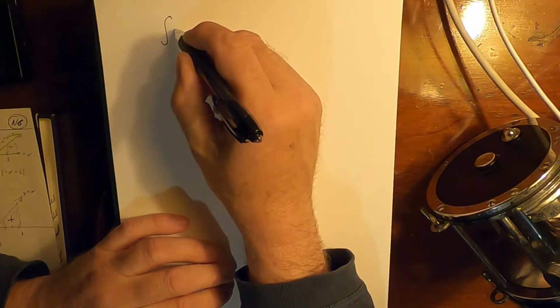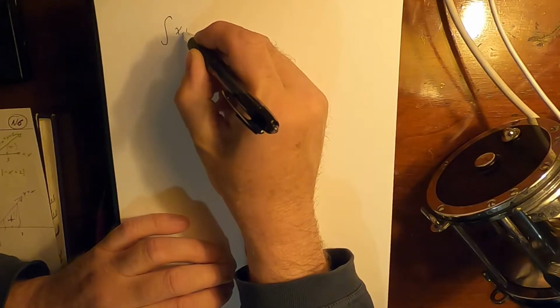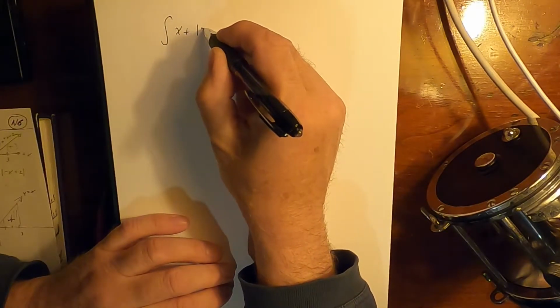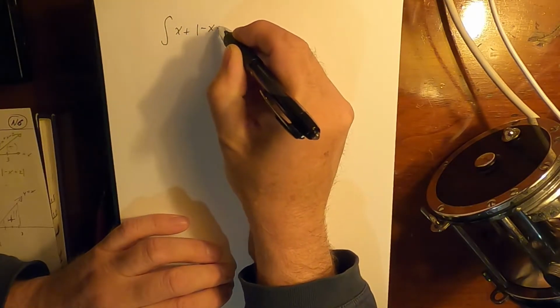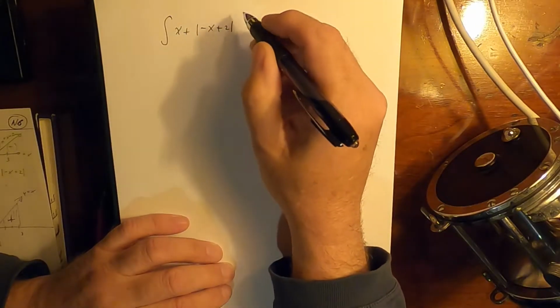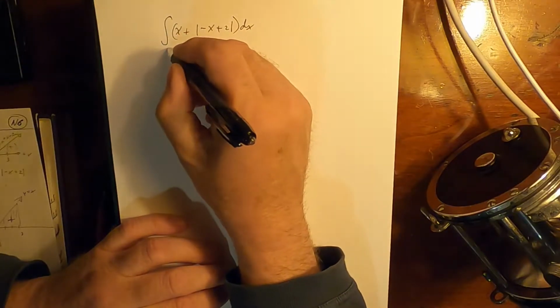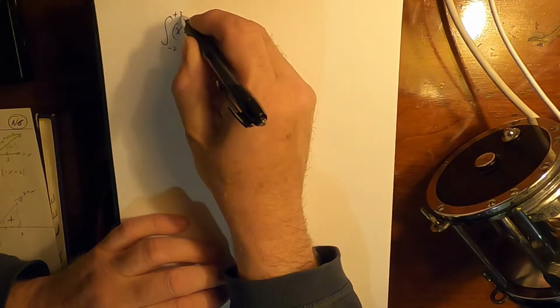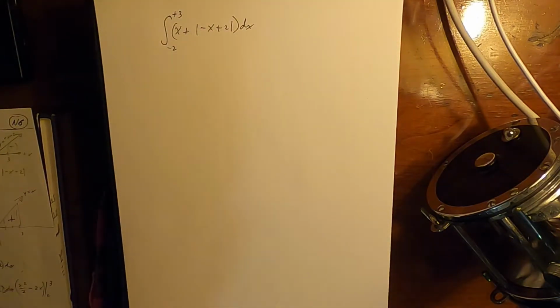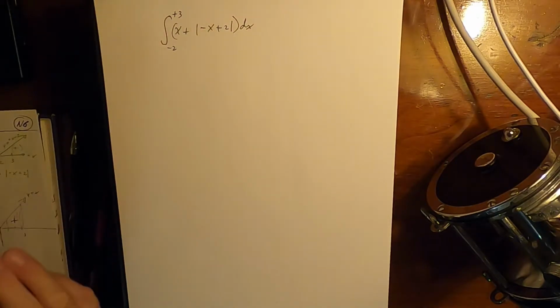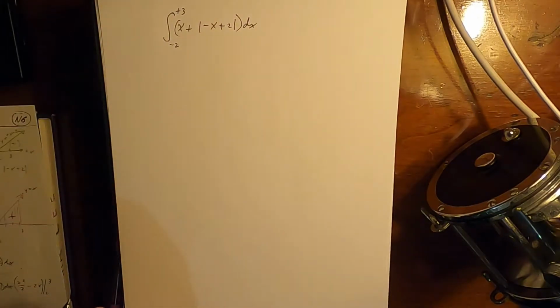So here's the integral of x plus the absolute value of minus x plus 2, dx, between negative 2 and positive 3. Shout out goes out to Sadia for this problem, and she brought it to our attention.